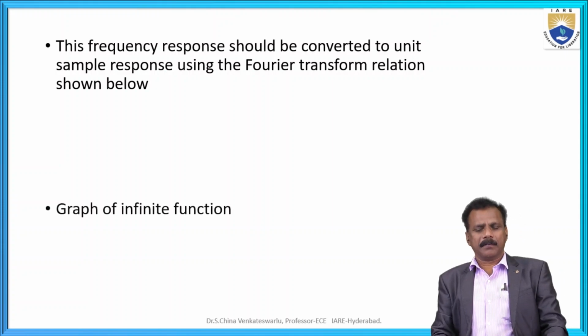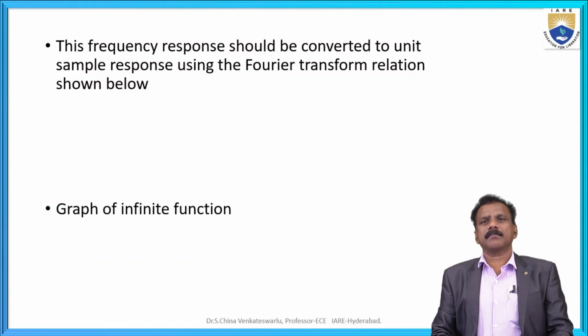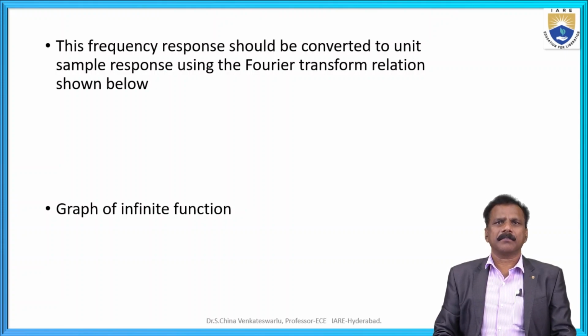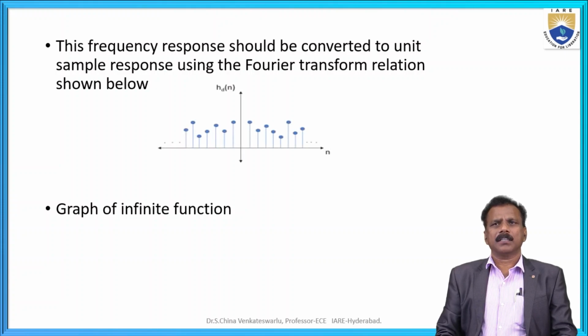We will verify the graph of whether it is an infinite function or not. I would try to justify that this frequency response should be converted to the unit sample response using the Fourier transform relation, here n versus hd of n.